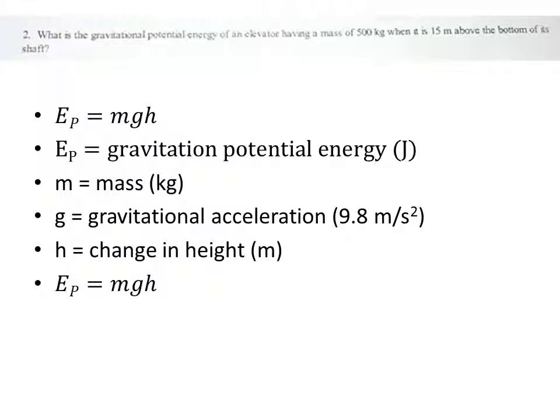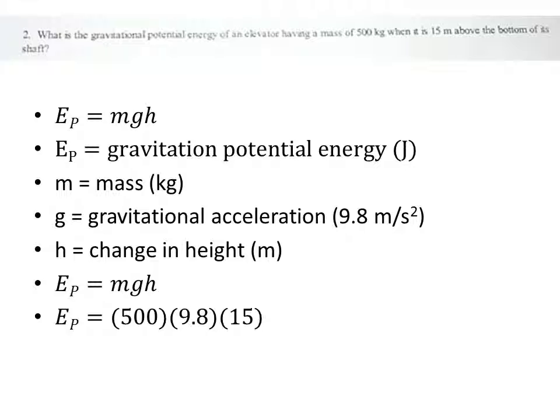So gravitational potential energy is equal to mass times gravitational acceleration times the change in height. So now we just substitute. 500 is the mass, 9.8 is the gravitational acceleration, which is a constant, and the change in height, we're told, is that it's 15 meters above ground, or above the bottom of its shaft, excuse me, so the change will be 15.